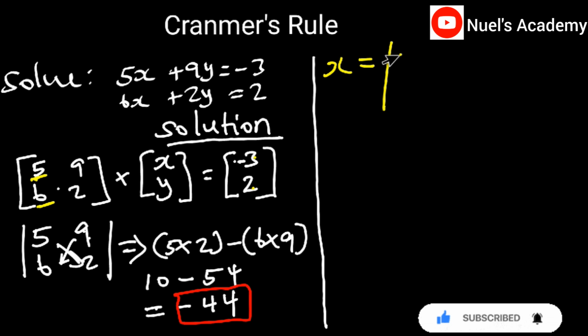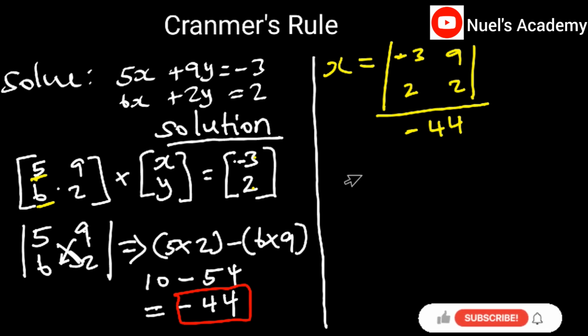So we have negative 3 and 2, and then 9 and 2. We're going to find the determinant of this matrix and then divide it by the determinant of the problem matrix that we formed from the coefficients of x and y.